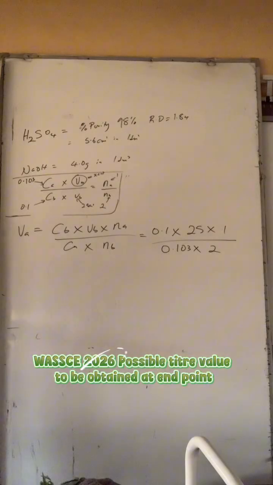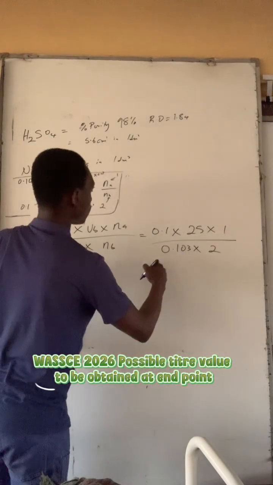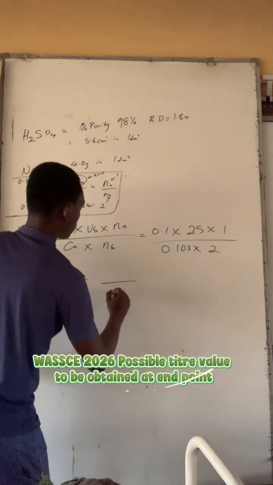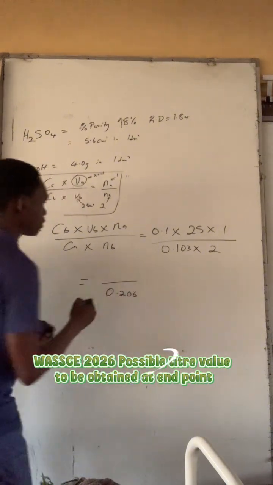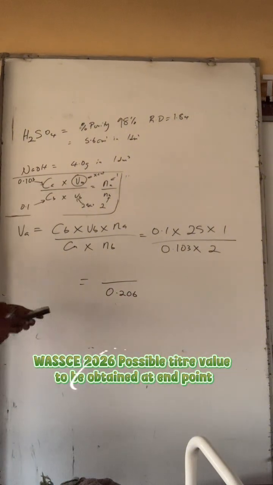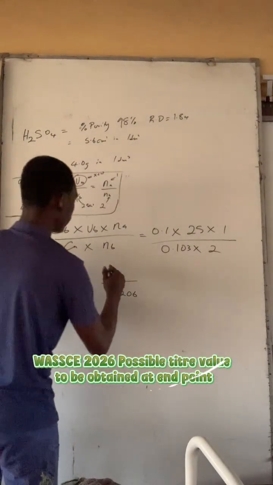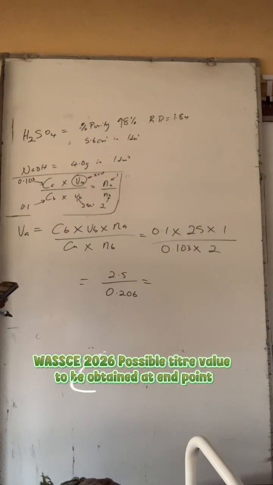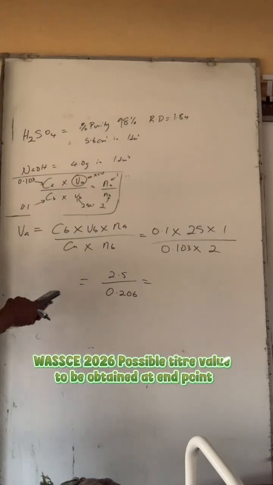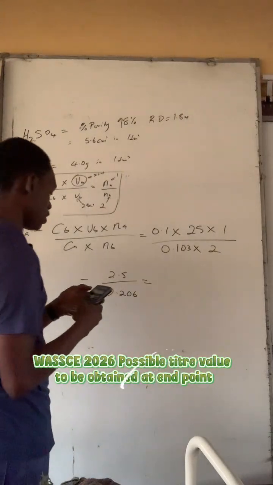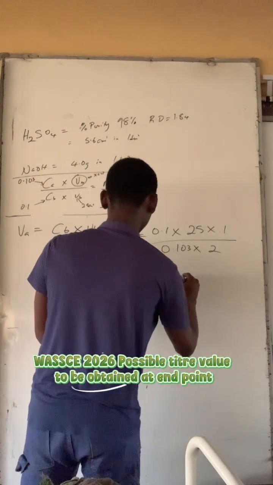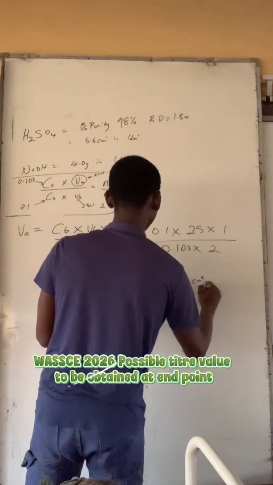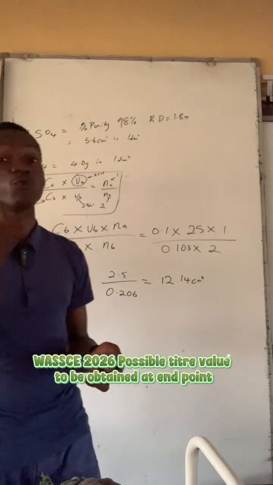Let's simply solve all that. The denominator gives me 0.206. So 0.1 times 25 gives me 2.5. 2.5 divided by 0.206 gives me 12.14 cm cube of acid.